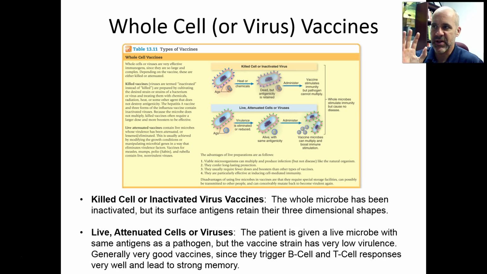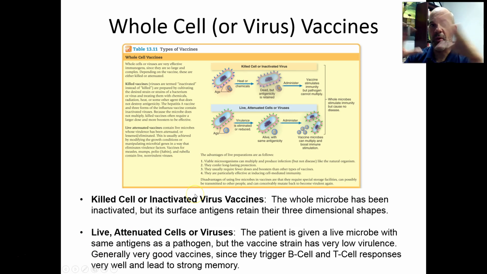So, for instance, there are some vaccines for bacterial pathogens where you're getting bacterial cells, but they're killed. Now, their 3D structures have been preserved so that your immune system will detect and react to the antigens, but they're not a living cell. Same thing with viruses.